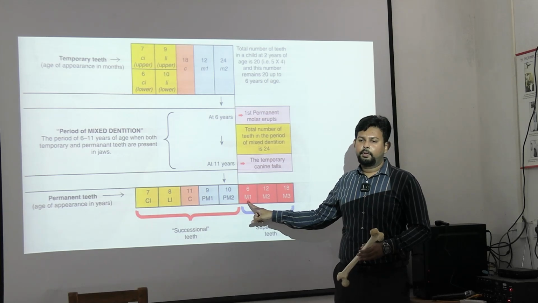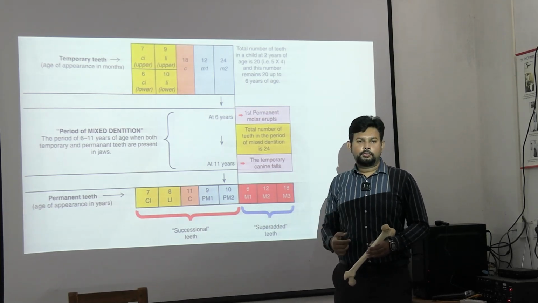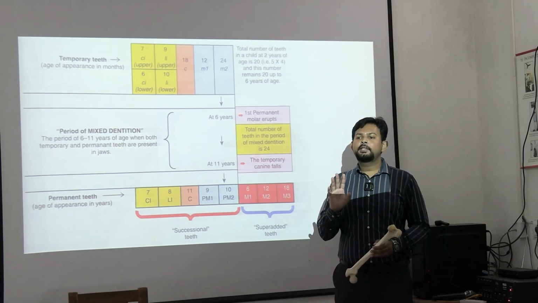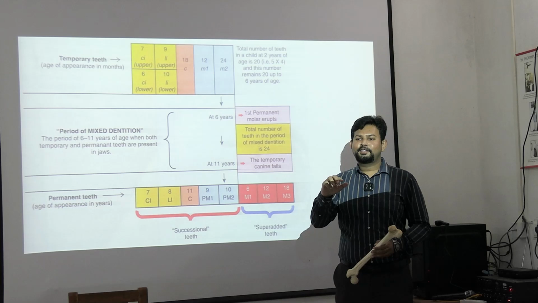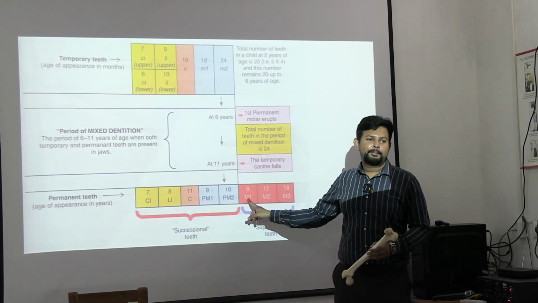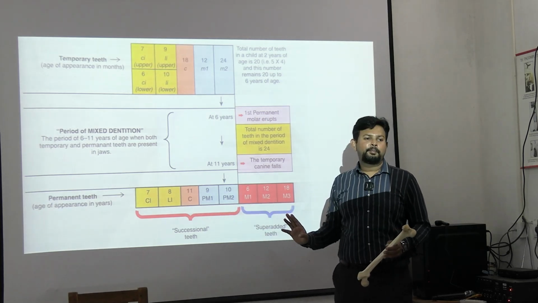So the oldest teeth in your mouth is first molar. You are now adults, not children, so this would be your first molar. Clear? This is also very easy to remember.